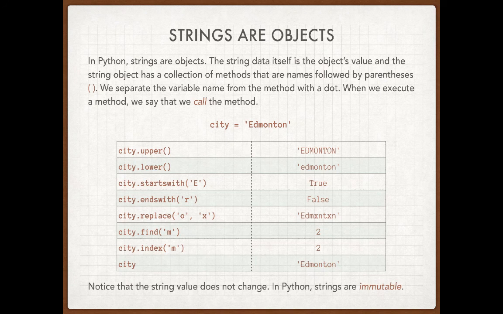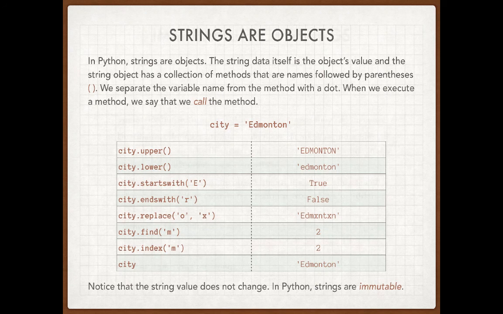And by the way, every time I execute one of these behaviors, or I tell the object to perform that behavior, we say that I'm calling the method. So if I say call the upper method or call the replace method, that means just to invoke it or to make that behavior happen by literally saying its name.